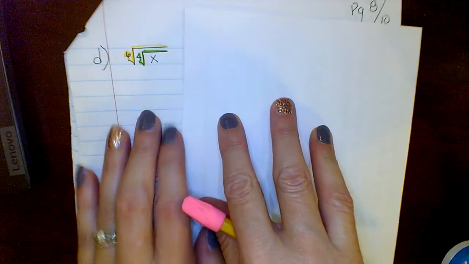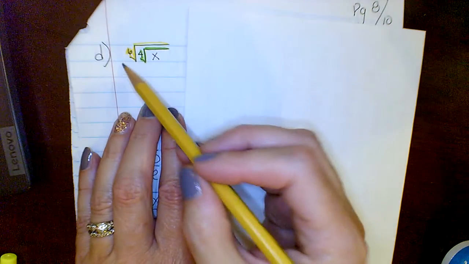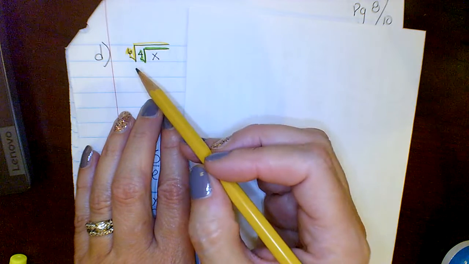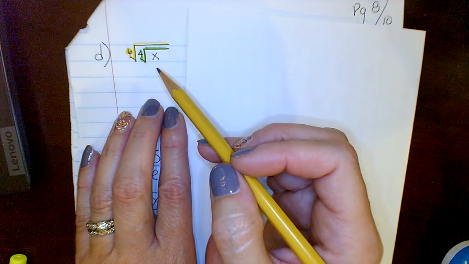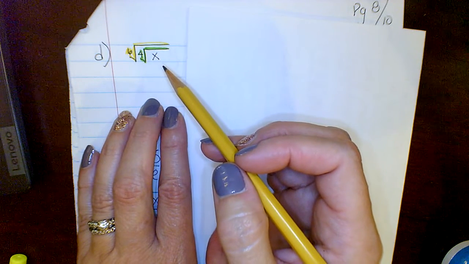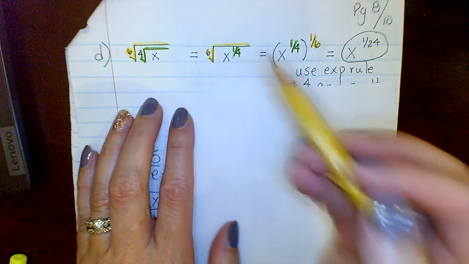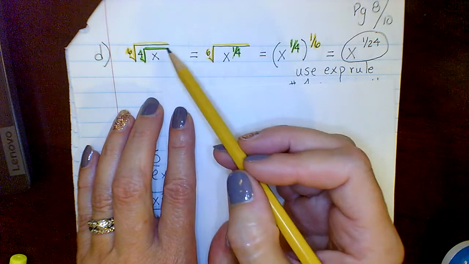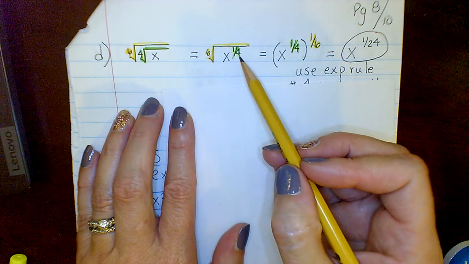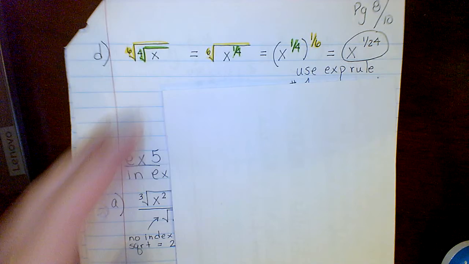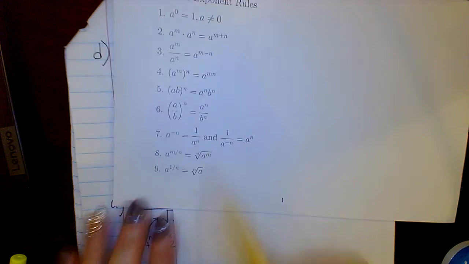How about the 6th root of the 4th root of x? How do you handle multiple roots like that? Well, I color-coded it for you. So I first took the 4th root and I rewrote it as a 1/4 power. All right, so remember that?